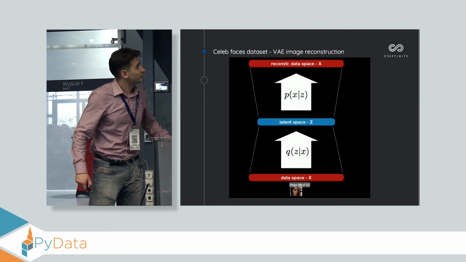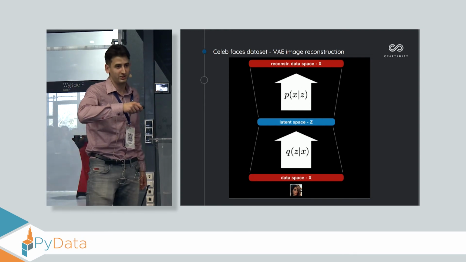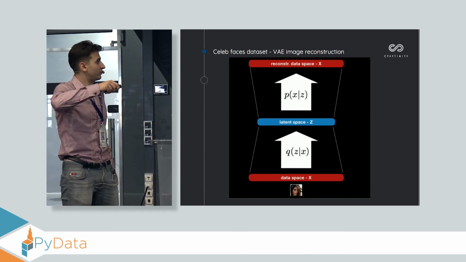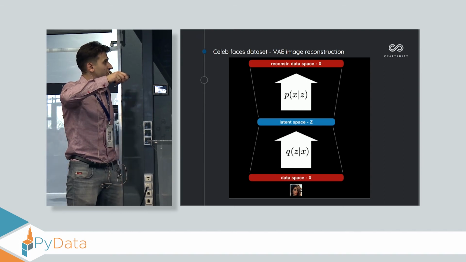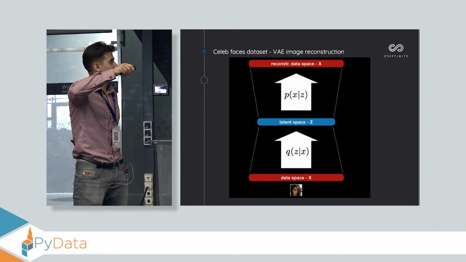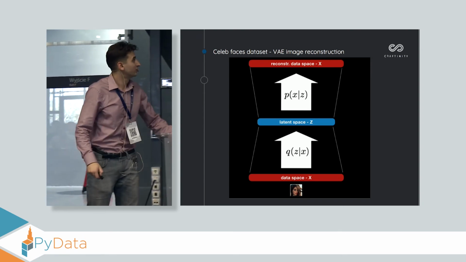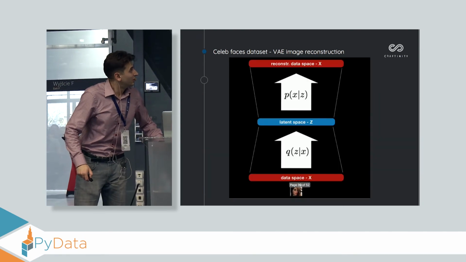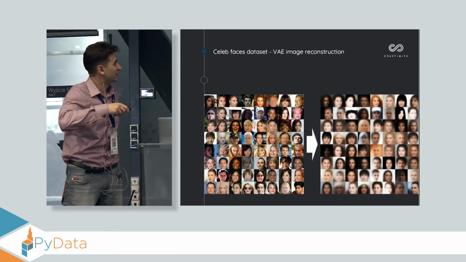Okay, and our autoencoder is also able to reconstruct the data. So we pass the original image to the autoencoder, we encode it to some code, and later decode it with the generative distribution P into the original data space. So let's take a look at the results of reconstruction.